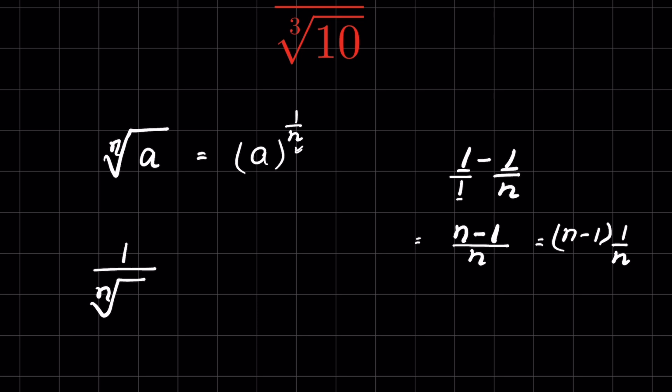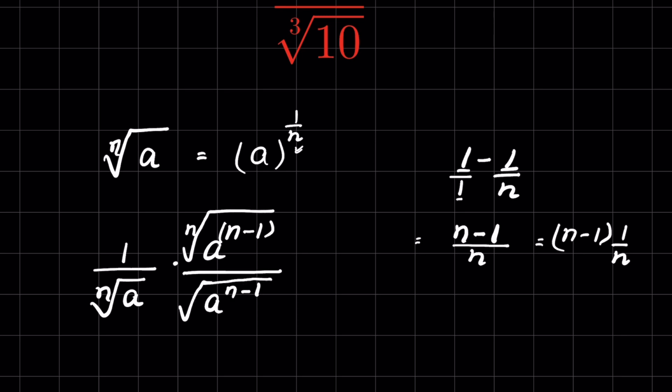If nth root of a is in the denominator and we have to rationalize it, then we need to multiply and divide it by nth root of a raised to the power of n minus 1, because a raised to the power of n minus 1 times 1 upon n, 1 upon n will mean nth root of a.